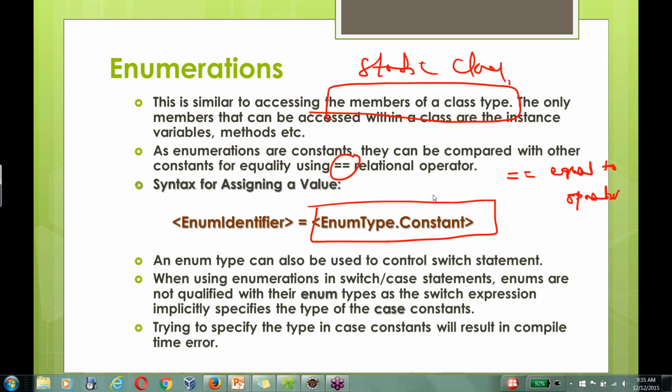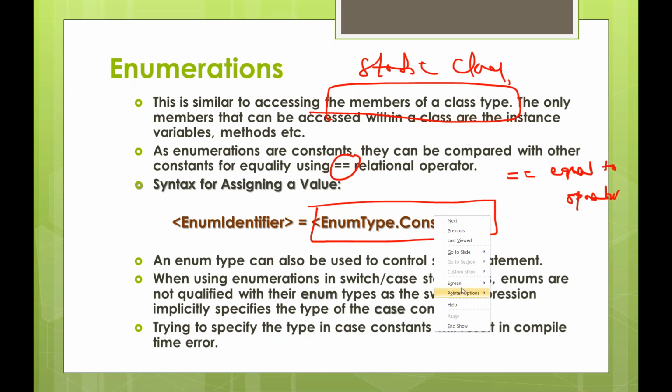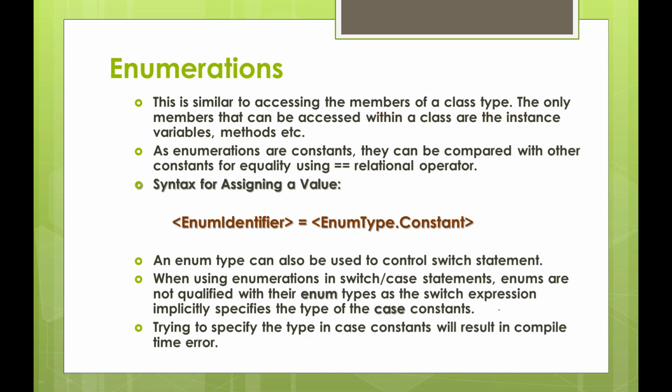Yeah, Pawan, go ahead. I actually just want to know, while declaring enum dot constant, do we need to use only those enum constants which are defined before, or can we use something else?